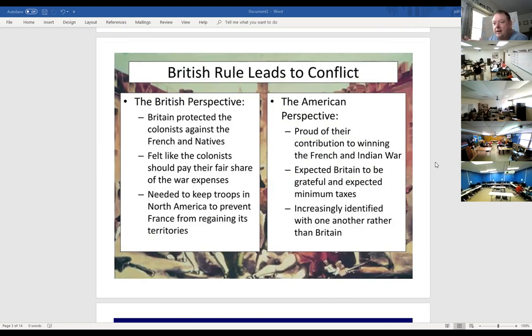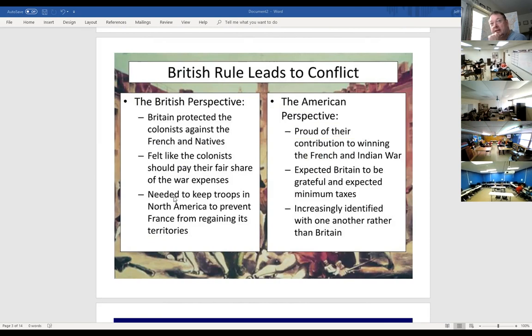It's basically them, Parliament and the higher-up English leadership in England, against we colonists. Even though we're British colonists, we're over here. And so that increased, and you start seeing more and more seeds of rebellion towards England.